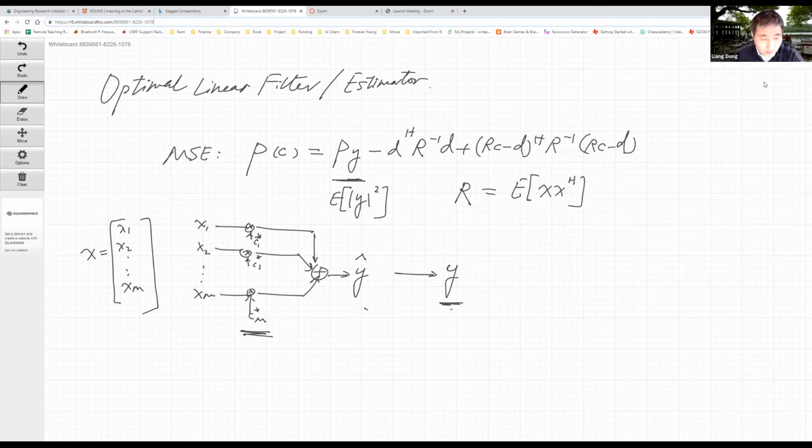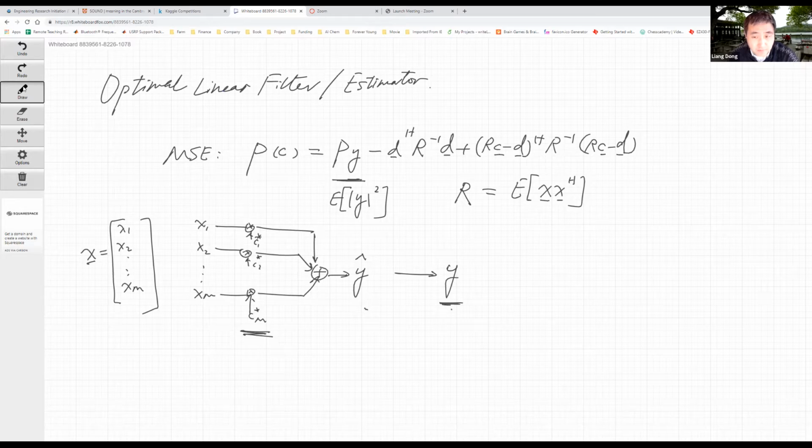So that's x. Let me use an underscore here just to indicate that this is a vector, x is a vector. So it's a vector, d is a vector, c is also a vector here. Okay, so that is my autocorrelation matrix. And to write this out, now, what's the dimension of the autocorrelation matrix?